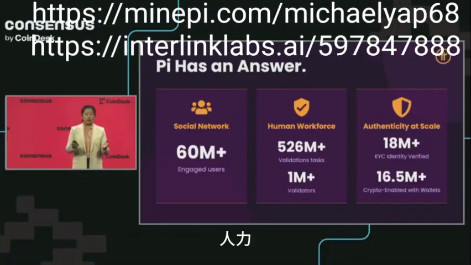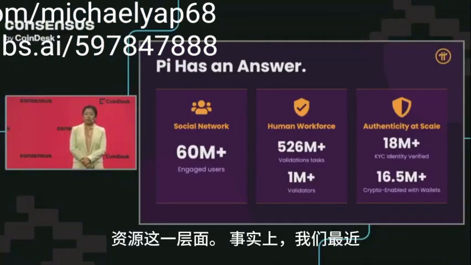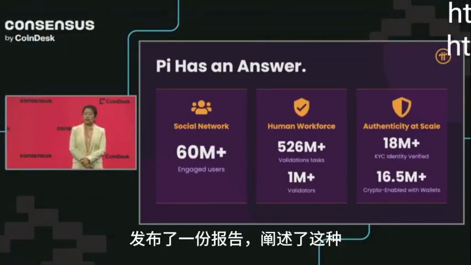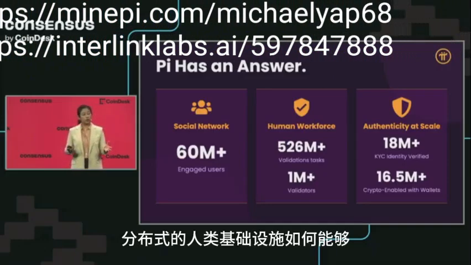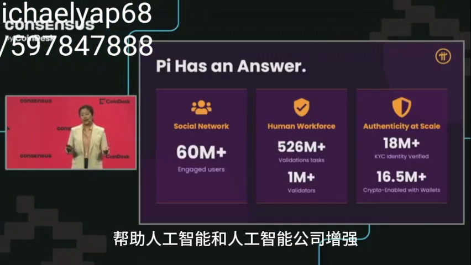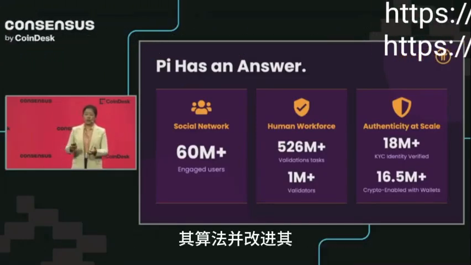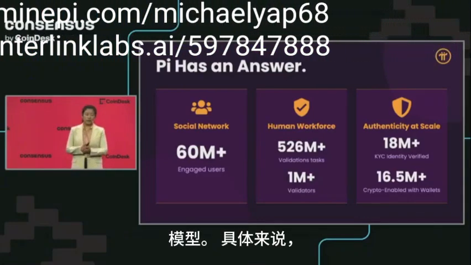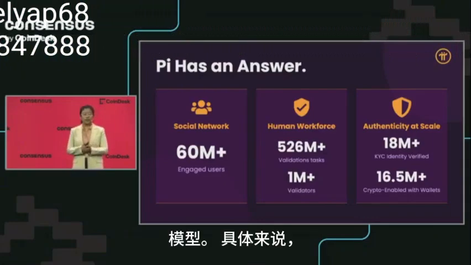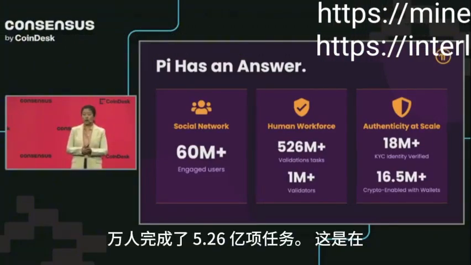There's also the layer of human workforce. Actually, we recently released a report on how such distributed human infrastructure can enable AI and AI companies to enhance their algorithms and their models. Specifically, 526 million tasks were accomplished by over 1 million people.